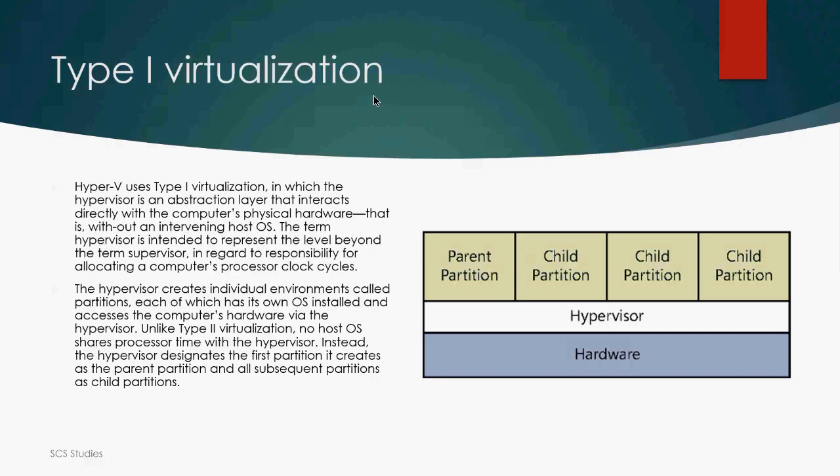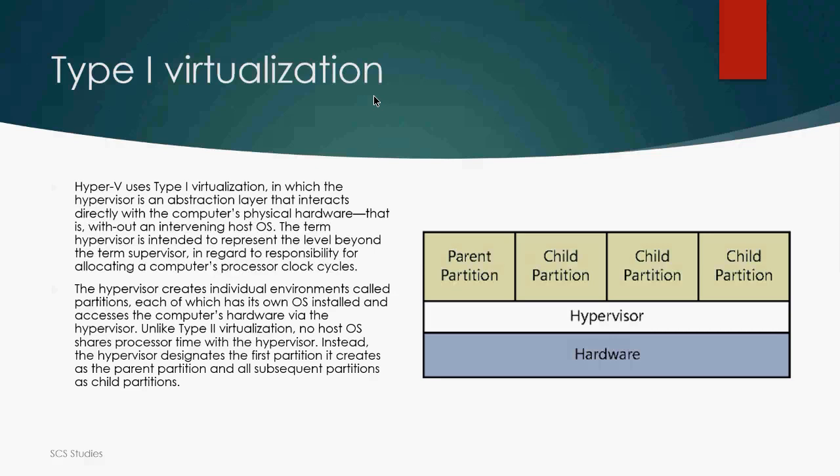How is it converted? Because the Hyper-V role itself enables the hypervisor with the type 1 facility. So what is the type 1 facility? The type 1 facility helps the guest operating system run in its own individual environment and control the server's physical resources directly without intervening of the host operating system.